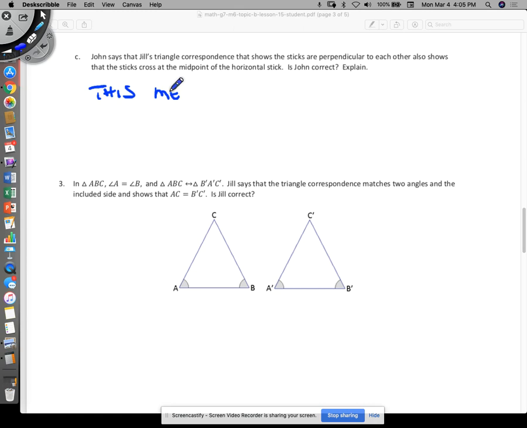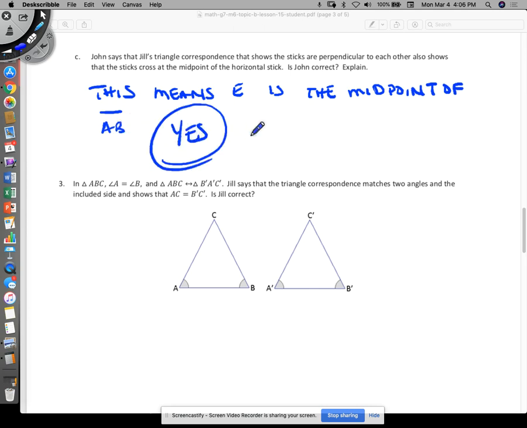We're going to say yes, because this means vertex E is the midpoint of line AB. So yes, John is correct.